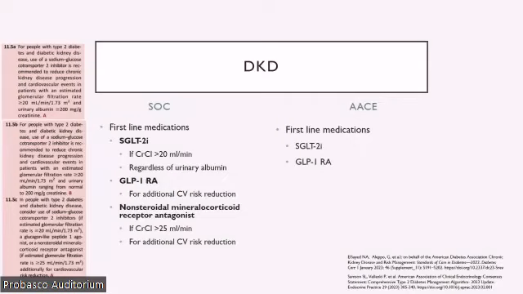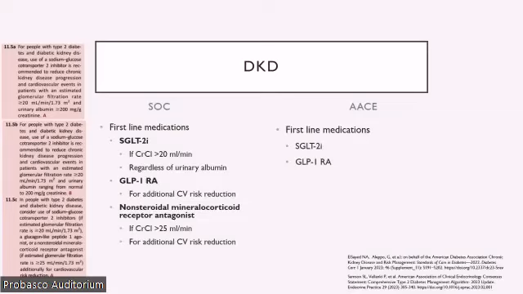So for DKD, the standards of care and the ACE guidelines have SGLT2s and GLPs as first line. You'll notice that you can use them down to a creatinine clearance of 20. It is important to know that if these are used as a diabetic agent and for kidney protection, you will lose the glycemic benefit at a creatinine clearance of about 30 to 35.